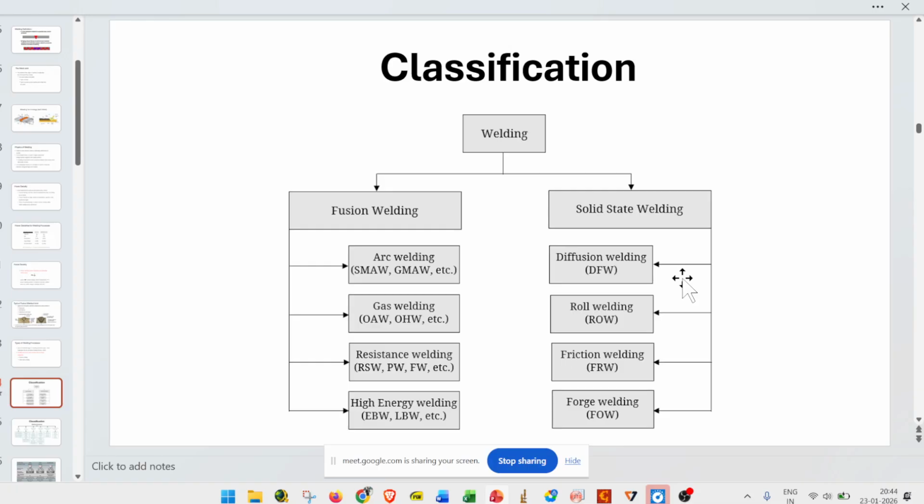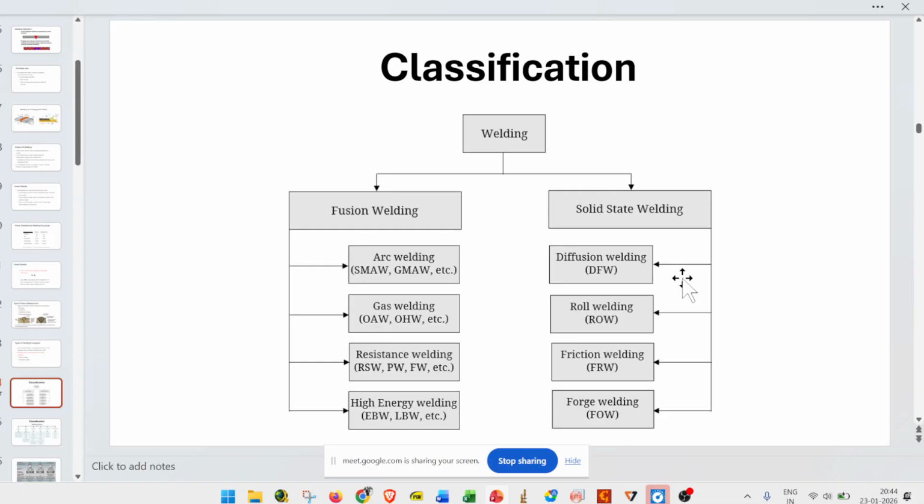We bring two contacting surfaces with a very high surface finish, near atomic level, nanoscale level, together, and we raise the temperature and apply pressure, keeping the temperature below the recrystallization temperature. Then, because of atomic vibration, the materials start getting bonded together.